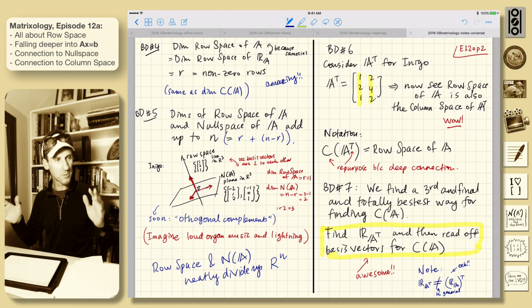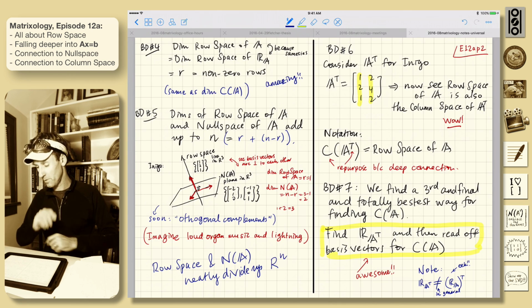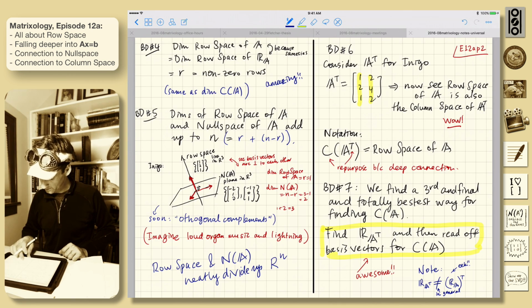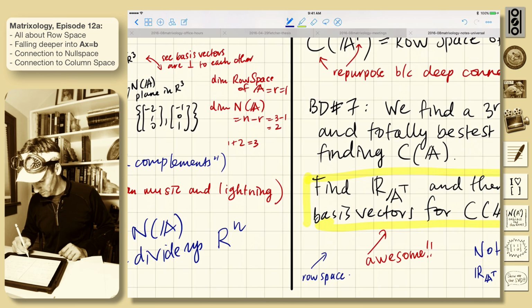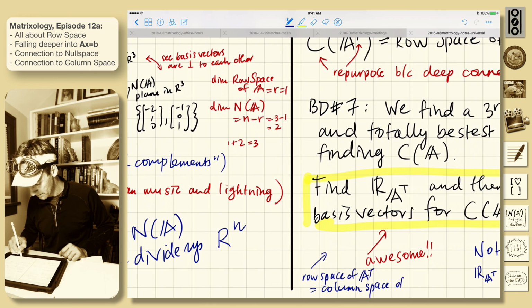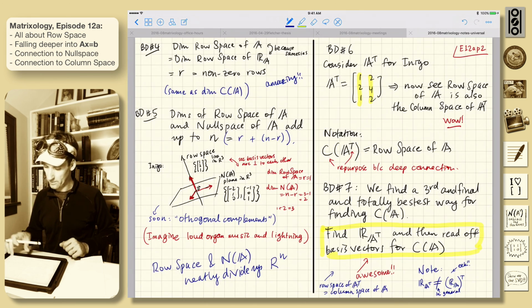The row space of A transpose equals the column space of A. Maybe I didn't write that down. All right. So lots of pieces here, and this is great.